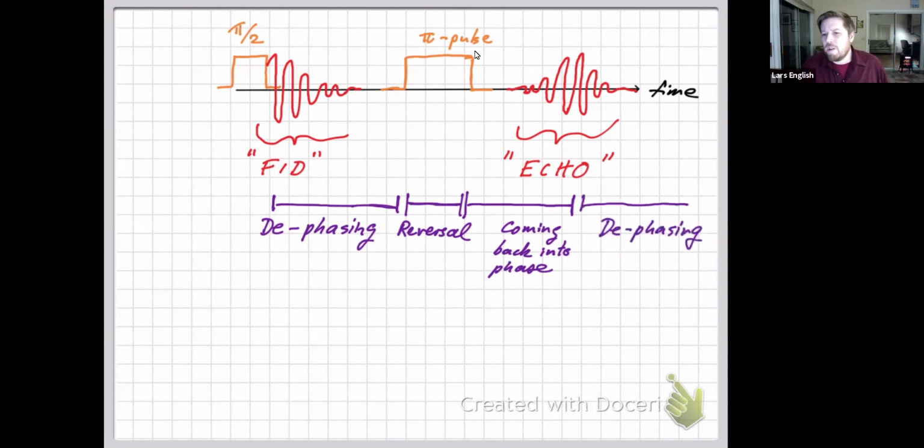And then, of course, they start dephasing again. And so this time between the FID and its echo, oftentimes called T sub TE in our text, we'll definitely refer to it as TE.